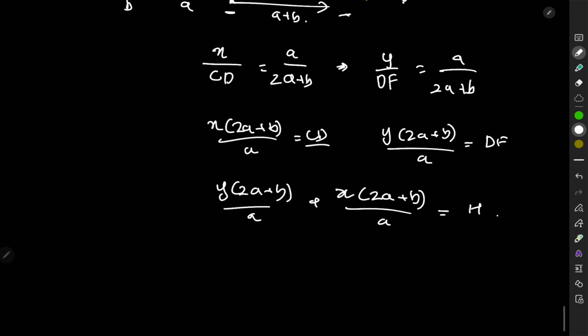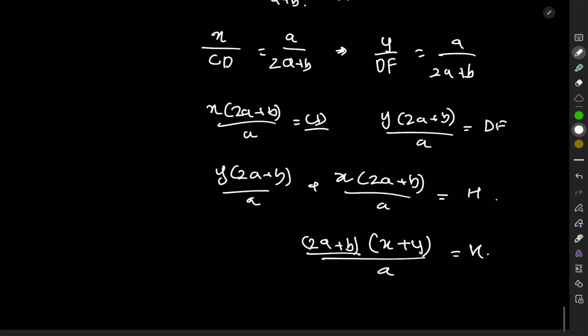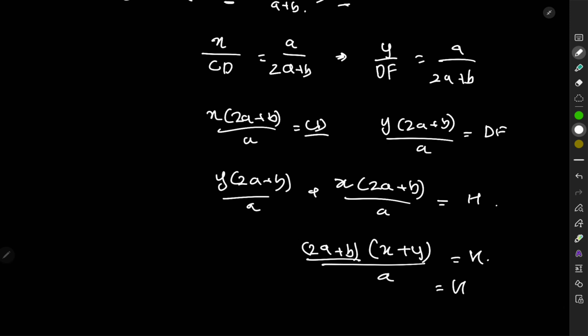I'm going to take 2A plus B as common, and X plus Y by A will be equal to the H. So H into A by 2A plus B will be X plus Y, which is the length of the mirror required, and this will be the final answer. Fine.